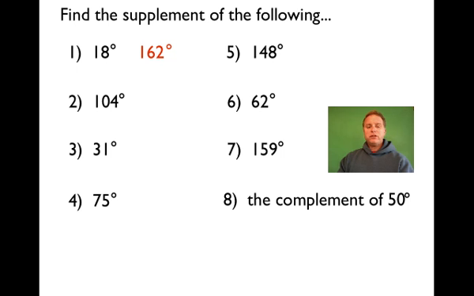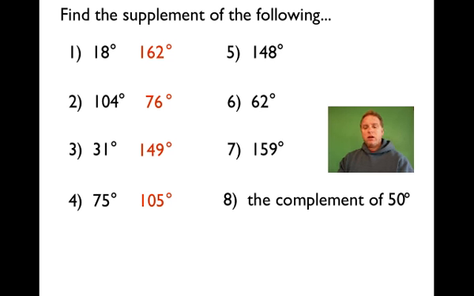Alright, so for number 2, 104 plus what equals 180? That would be 76 degrees. Number 3, 31 degrees plus what number of degrees equals 180? That will be 149 degrees. 75 degrees plus what equals 180? 105 degrees.